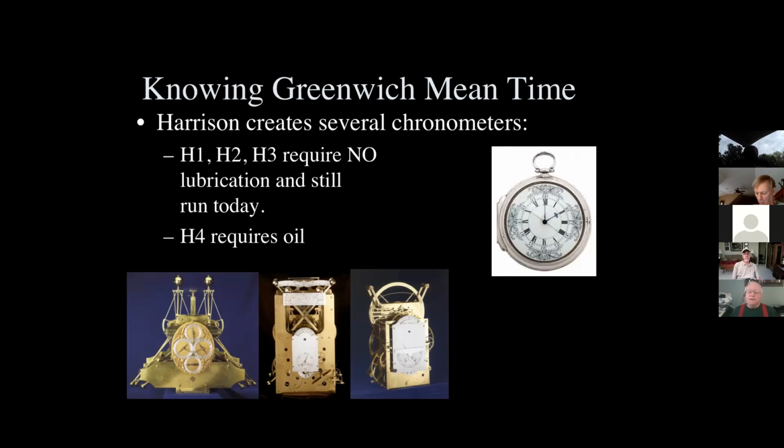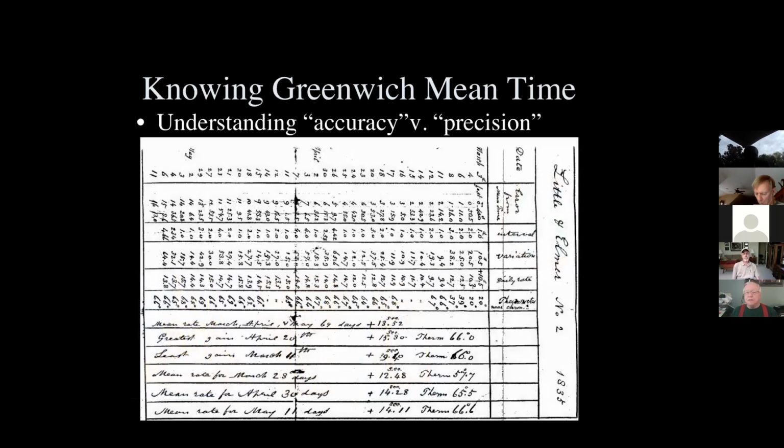Finally, Harrison came up with H4, which is like a giant pocket watch. Actually, probably about the size of chronometers that had been used in ships thereafter. It did, however, require oil, and so as a consequence, they do not run H4 today.